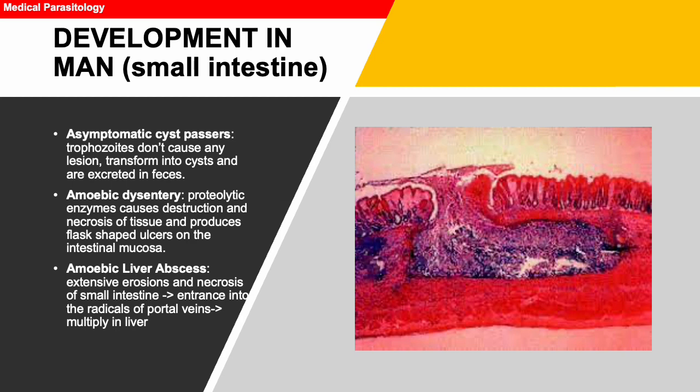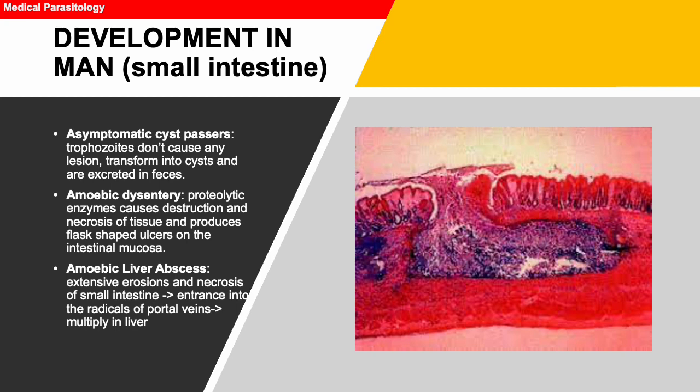Amoebic dysentery is caused by the proteolytic enzymes that cause destruction and necrosis of tissue and produce flask-shaped ulcers on the intestinal mucosa. Very characteristic in Entamoeba histolytica is the formation of the flask-shaped ulcer. I am pretty sure that you're all familiar with Erlenmeyer's flask.